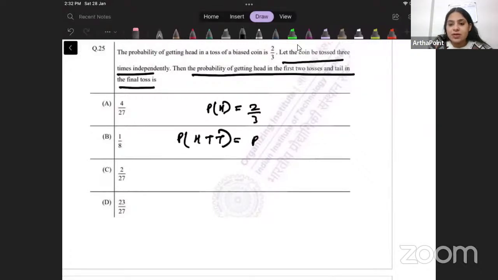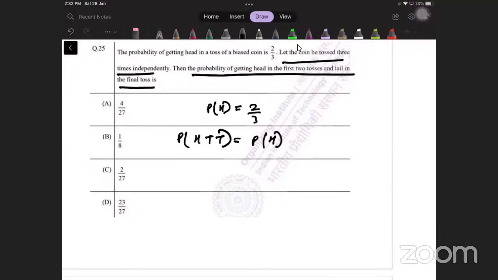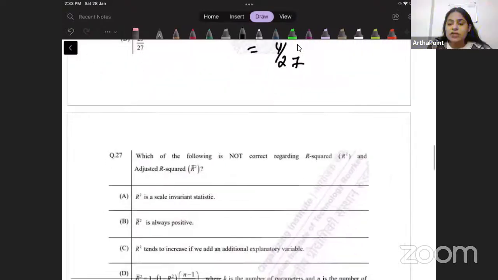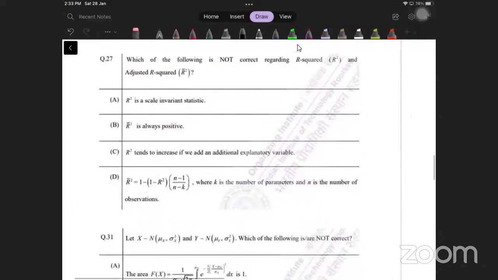And these are independent, so it will be probability of head times probability of head times probability of tail. So 2 by 3 into 2 by 3 into 1 by 3. This will be 4 by 27. So a very simple question has been asked in probability. Therefore, basics are very, very important.